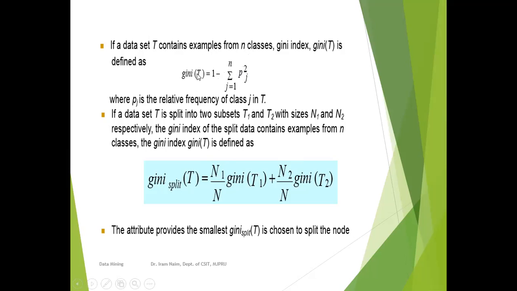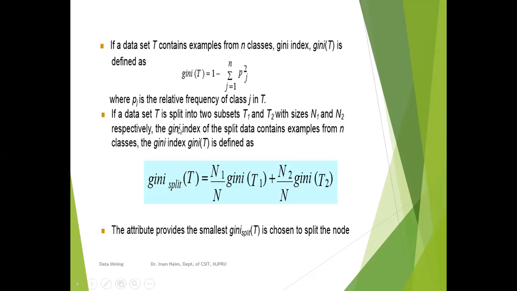The formula is 1 minus the summation of j equals 1 to n of Pj whole square. We take the square of the relative frequency, how many times a particular value appears in the attribute, and then take the summation of all these values. That gives the Gini index value.